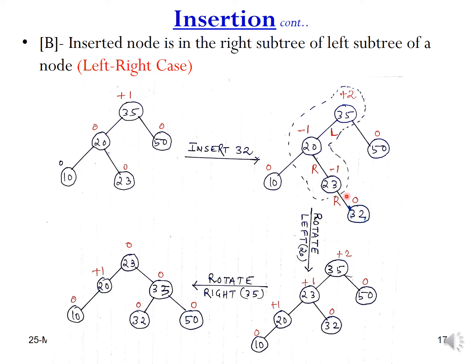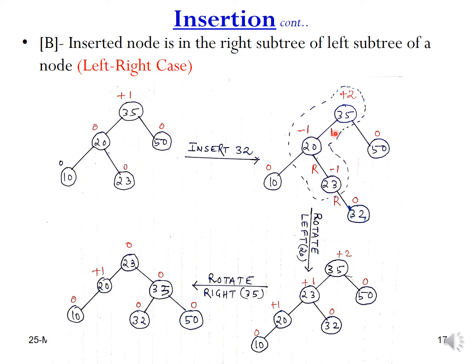Now we need to rebalance it, and we can balance it by rotating. Because this is the left-right case, the node is inserted here, in the right subtree of the left child.